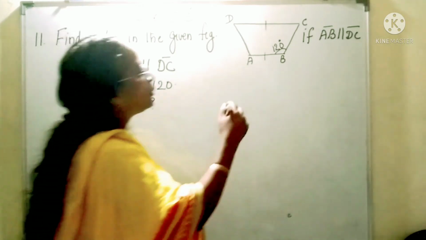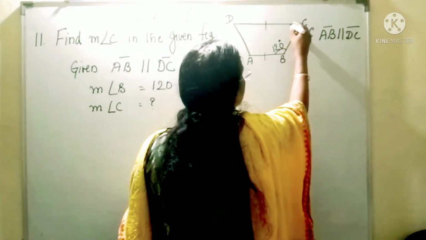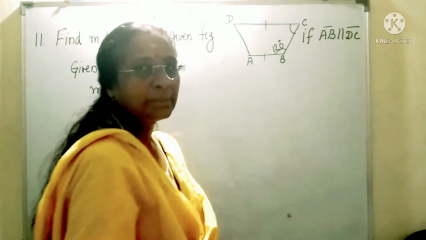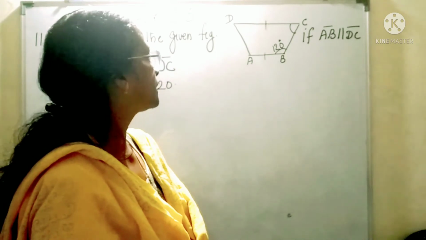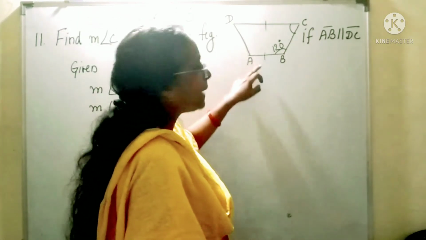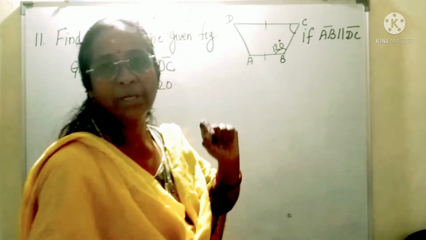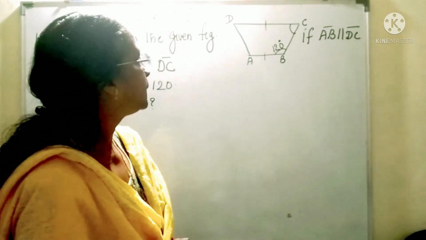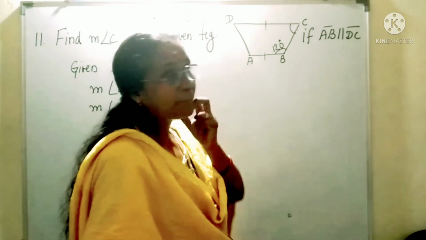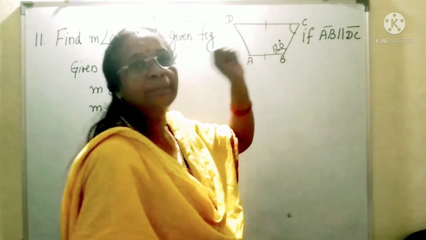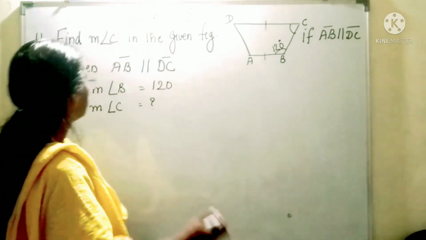Now look at the picture. The figure, if you see, what type of angles are they? They are adjacent angles. Now if these two sides are parallel, what is the figure called? The figure is called a trapezium. In a trapezium we have learned that the adjacent angles are supplementary.